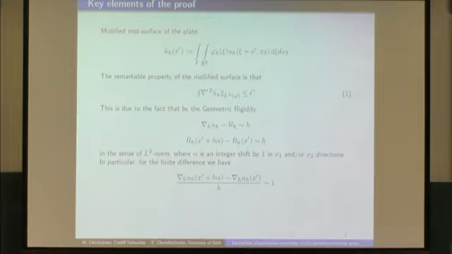So basically, passing to the limit as h goes to 0. Well, we don't need to pass to the limit, but we can prove rigorously that this implies the boundedness of the second gradient.